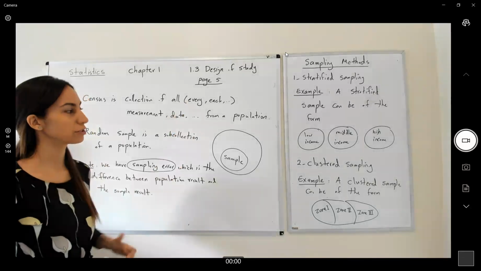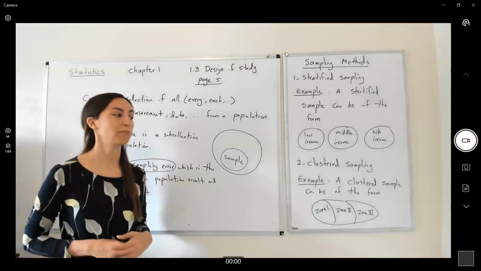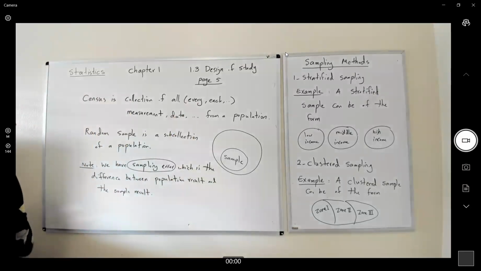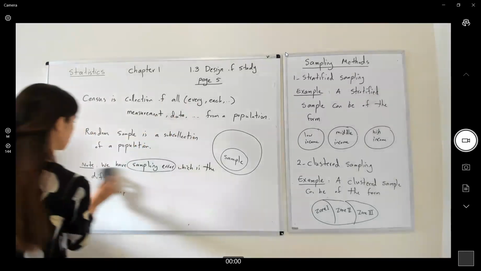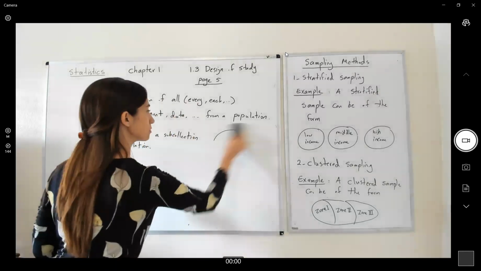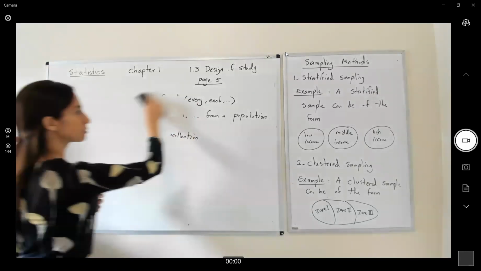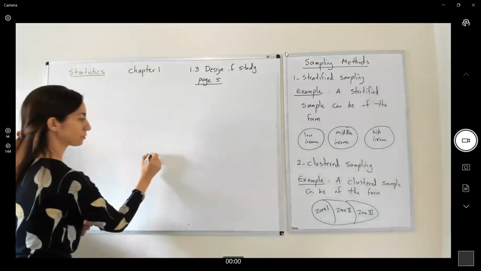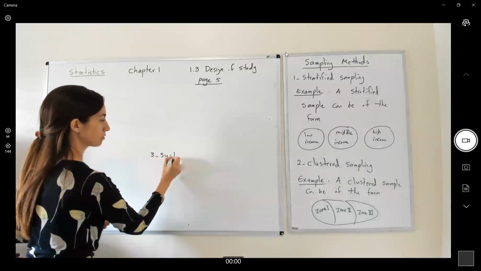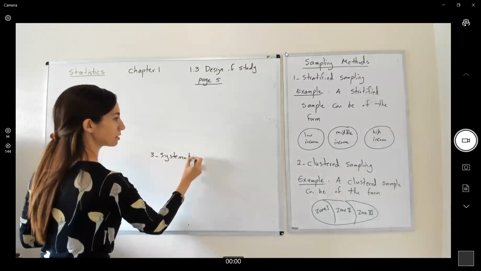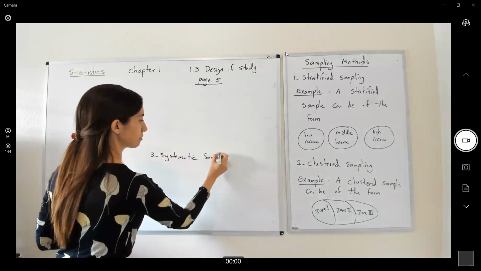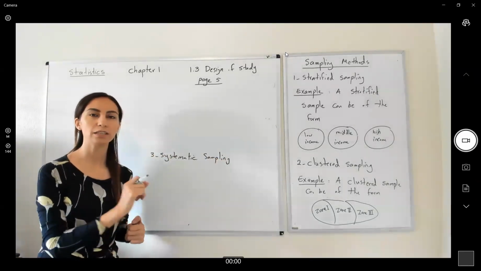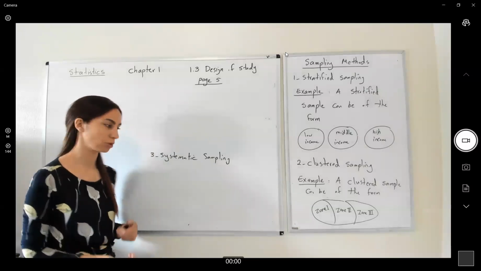And finally, the third one is called systematic sampling. So let me write this here for you. In this case, you take each member from the population.